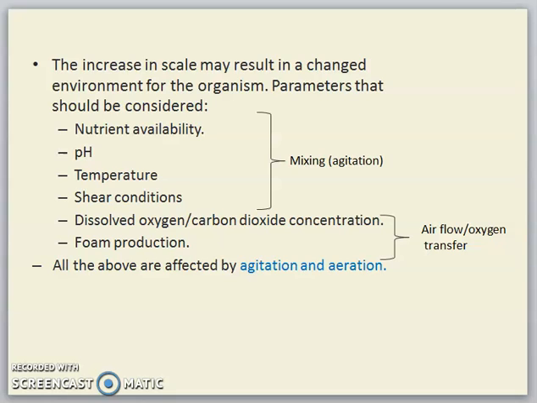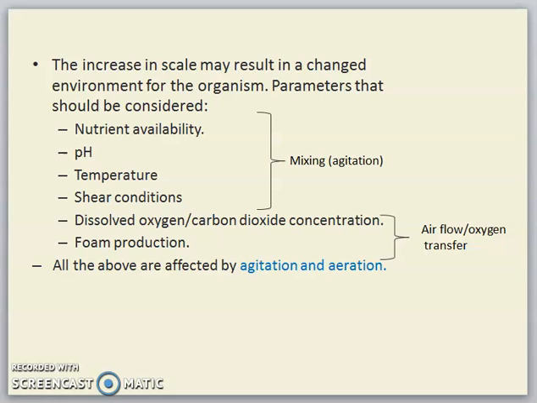The parameters that should be considered in scaling up are the nutrient availability, the pH, the temperature, the shear conditions, the dissolved oxygen and carbon dioxide concentration if it is for aerobic fermentation, and the foam production.